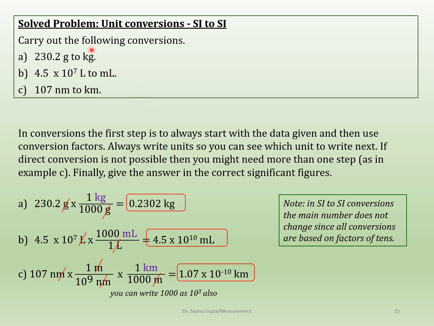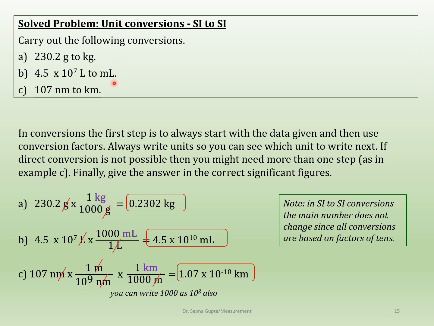So for example, when you look at 230.2 grams going to kilograms, kilogram is a larger unit, which means by the time I'm done with this calculation, I should have a smaller number because I have 1,000 grams in a kilogram. So the final answer should be a smaller number.